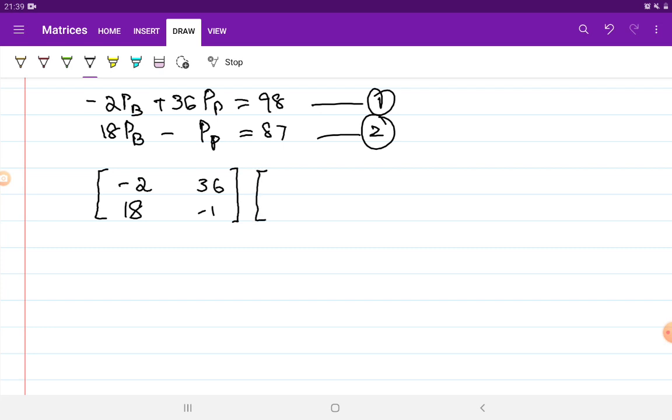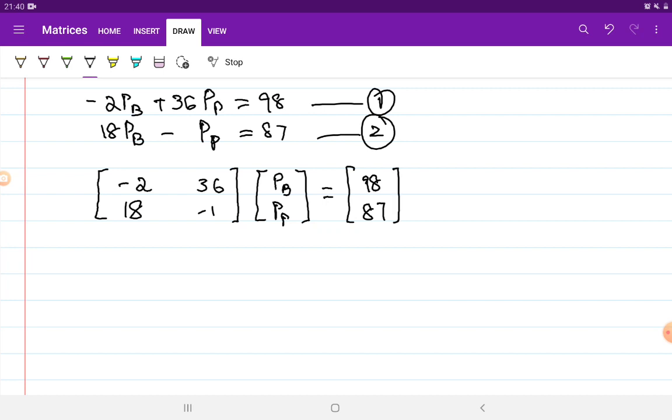Next is a column matrix consisting of the variables PB first and PP. If you're confused about which variable to use first in the column matrix, just try multiplying and you should get equation 1. So minus 2 PB plus 36 PP is what I get if I multiply the first row by the column, which is the equation that I want, and is equal to the right hand side constants, 98 and 87.